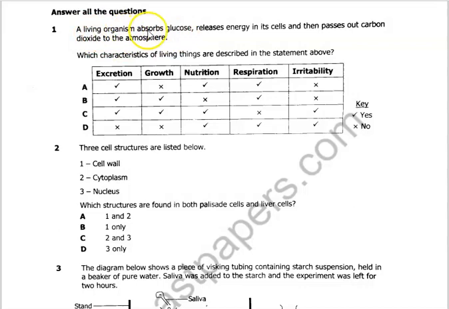The absorption of glucose is what we call nutrition. Then release of energy in its cells is what we call respiration. Then passing out of carbon dioxide to the atmosphere is what we call excretion. But you cannot see a living organism growing here, increasing in mass or size. Also, you can't see it exhibiting sensitivity, which is irritability. So our answer here is A.